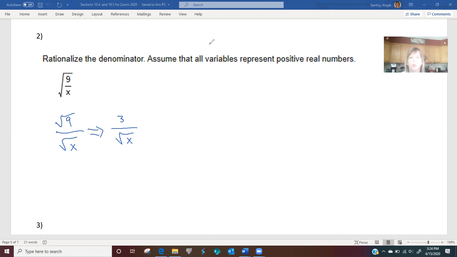So what we're going to do is we're going to say, how do I get that x out from under? My index right now is a 2. If you don't see it, it's a 2. And my exponent is just a 1. But if I make this into another x like this, then that would lead me where I need to be, which is the denominator being a simple x.